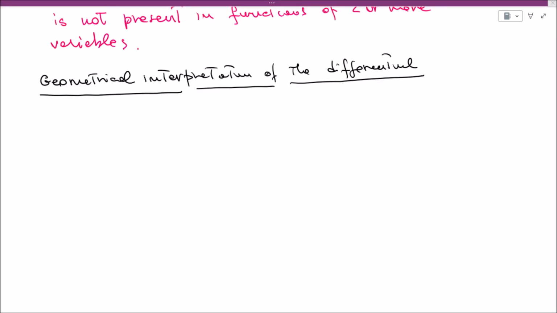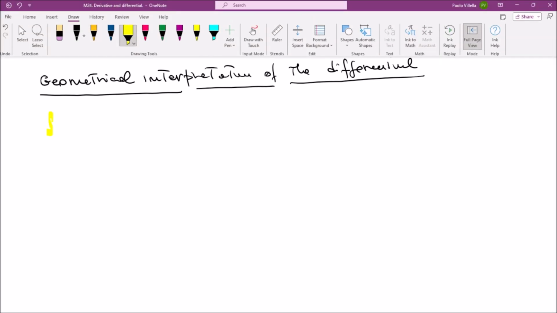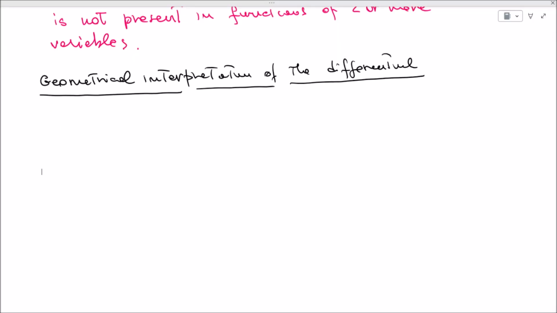So what we would like to interpret is the expression of f of x naught plus h as the sum of f of x naught plus alpha h, where alpha is the differential, plus little o of h.